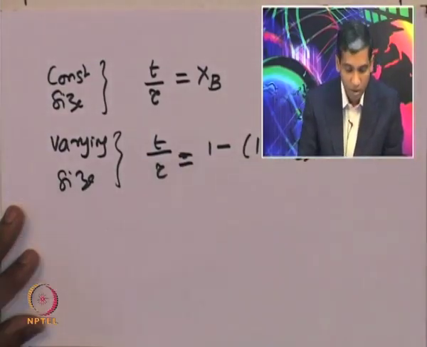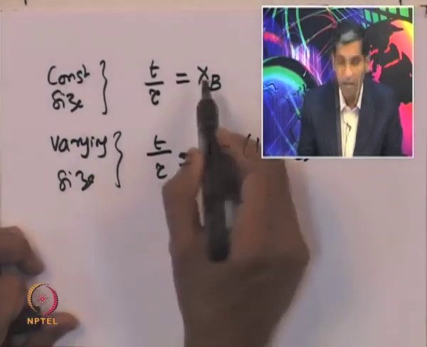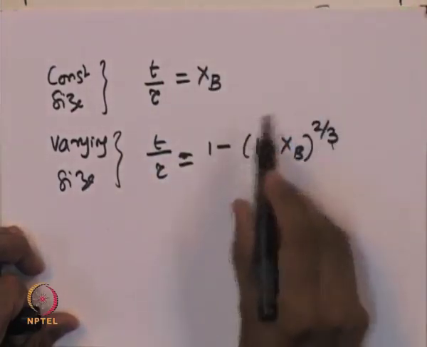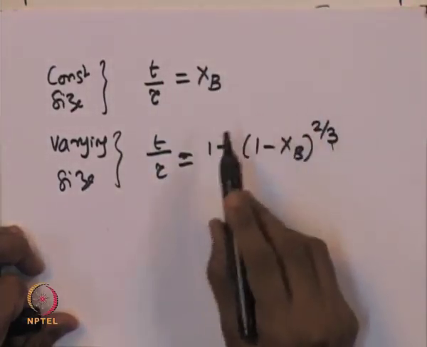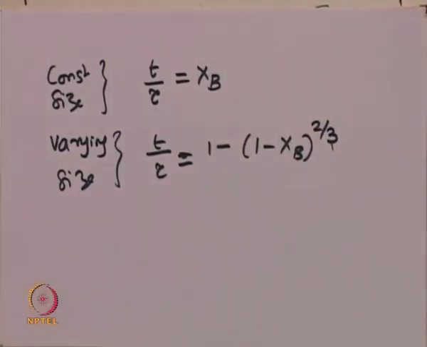It is important to note that the conversion reflects the size of the unreacted core. Therefore, there is clearly a big difference in the time taken for the particle to reach a certain size, depending on whether the particle size is constant or the particle is shrinking because of the reaction.